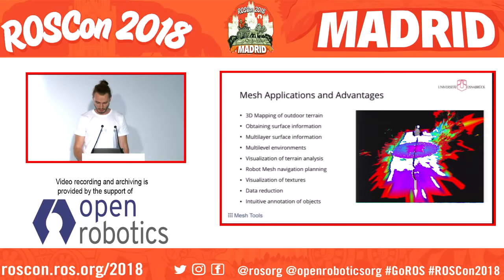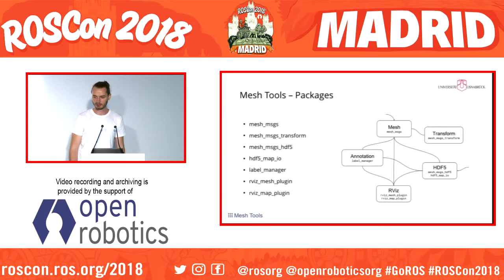So what we bring to you are some packages, starting with mesh messages. We define some messages for the geometric structure, as well as the analysis and metrics we can apply on the meshes. Of course, we also provide a package for transforming meshes from one coordinate system into another, or from one frame into another frame.